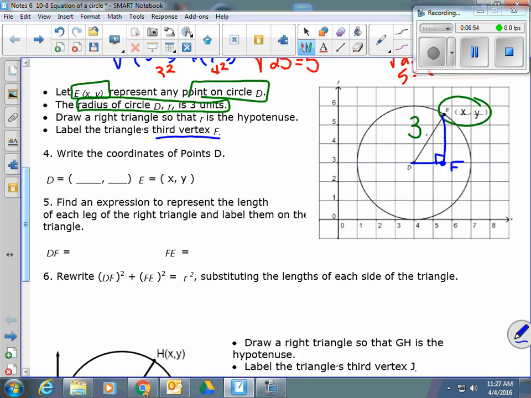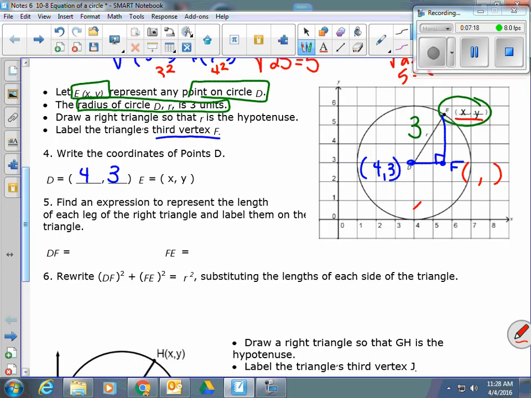What's the coordinate for D? 4, 3. So this coordinate right here is at 4, 3. And what we need to do is find the coordinate of F, because they told us E, didn't they? So how far over do we have to go for F? Do we really know it's in the middle, right?